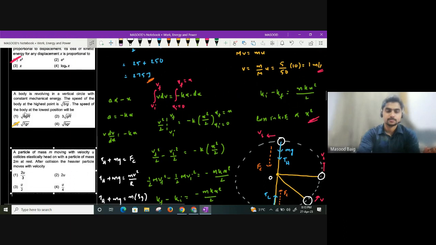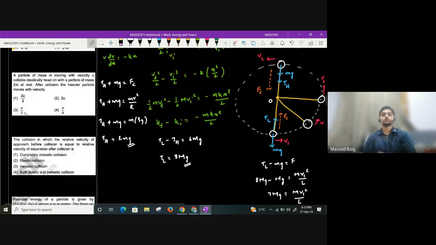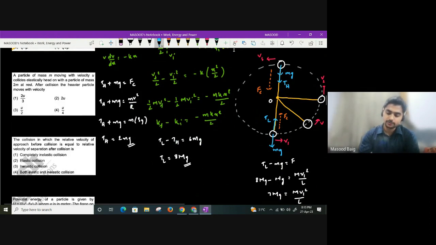Next. Collision in which the relative velocity of approach before collision is equal to the relative velocity of separation. So what is the coefficient of restitution, e? It is given as the ratio of velocity of separation to velocity of approach. Yes or no?